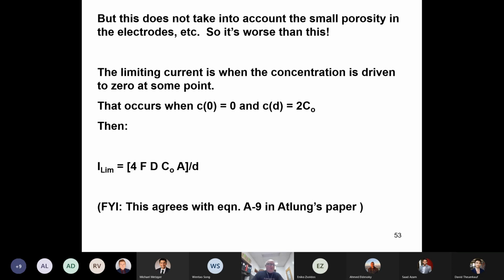This is all about the things you have to worry about to design a high-rate lithium-ion cell. And you know what, this limiting current doesn't take porosity and tortuosity of the electrodes into consideration. And we'll talk about how that's done, hopefully later on today if I get that far.